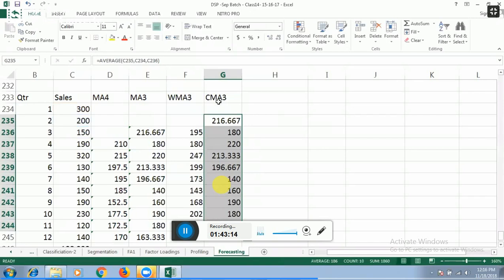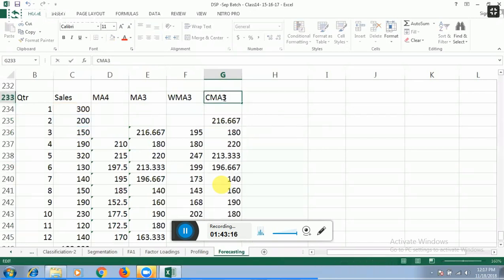So centered moving average of 5 means it takes the current period, 2 time periods past, and 2 time periods future. So that is a centered moving average of 5. Basically, over time, we are calculating the averages, and that is what we call a moving average.